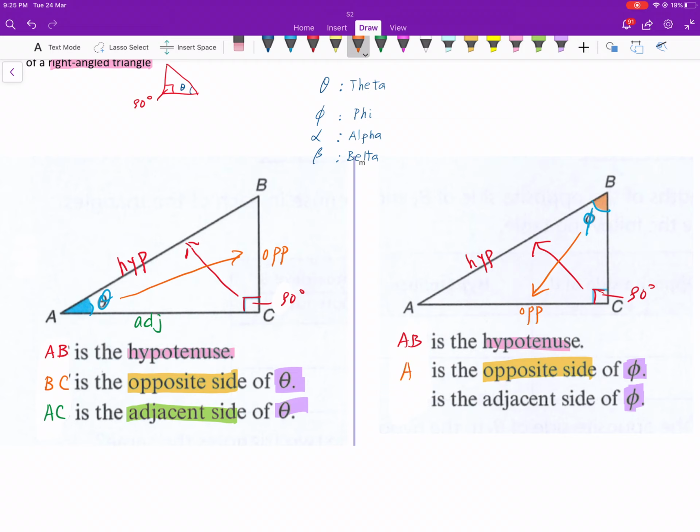So AC is the opposite side of phi. And then AB and BC make the angle phi. But AB is already the hypotenuse, so BC is the adjacent side.